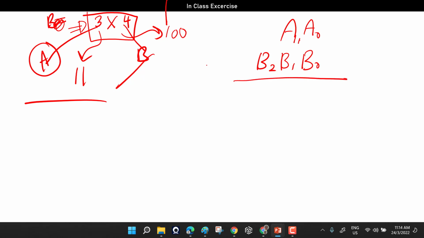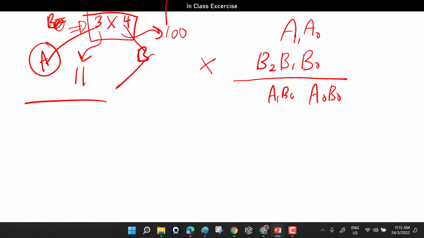Okay, so far so good? So this is the multiplication process. Let's execute this first one. The first process to be here is A0 and B0. Second is A1, B0.